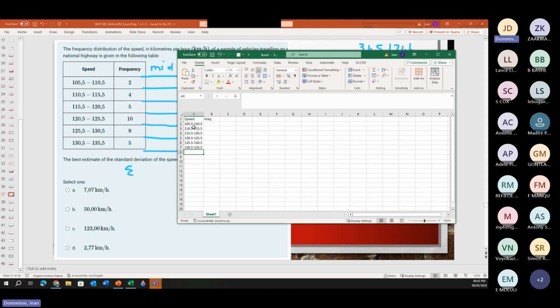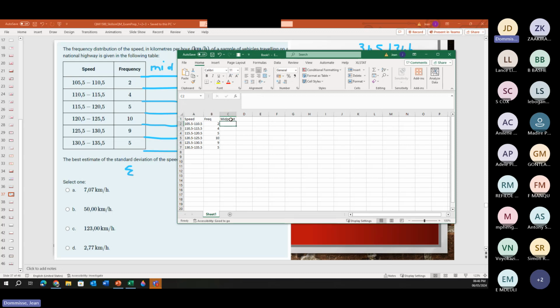So I just want to quickly check 105 to 110, okay, it looks quite right. The frequencies are 2, 4, 5, 10, 9, 5.